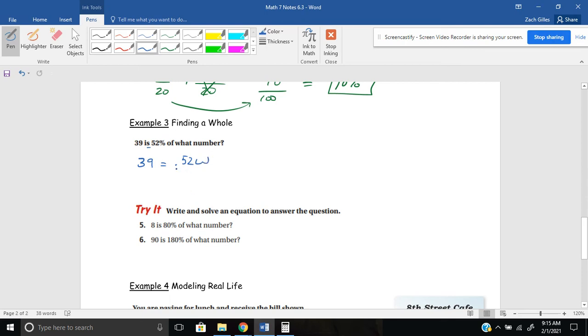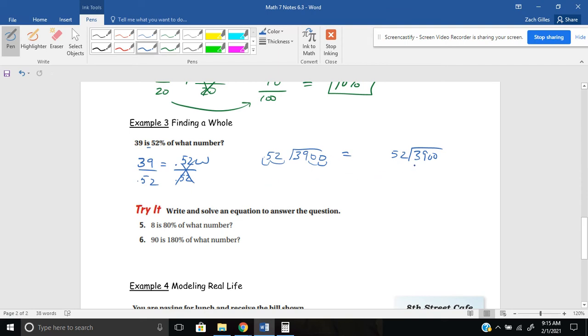And then I just need to divide by 0.52 on both sides, and I will solve for W. So I have 39 divided by 0.52. I need to make my divisor a whole number. So I move it 2 spots, and I need to move this decimal 2 spots. So it's the same as 3,900 divided by 52.